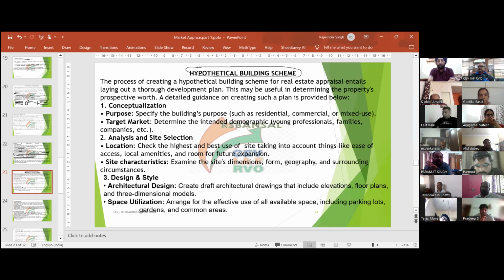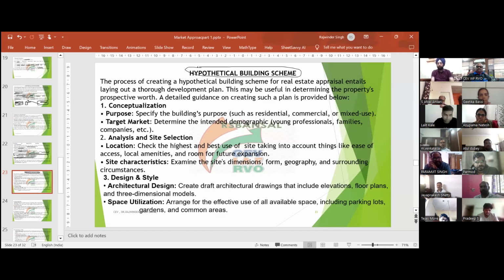So that is hypothetical. You need not actually demolish the building and reconstruct it. You have to assume that we will reconstruct a building.